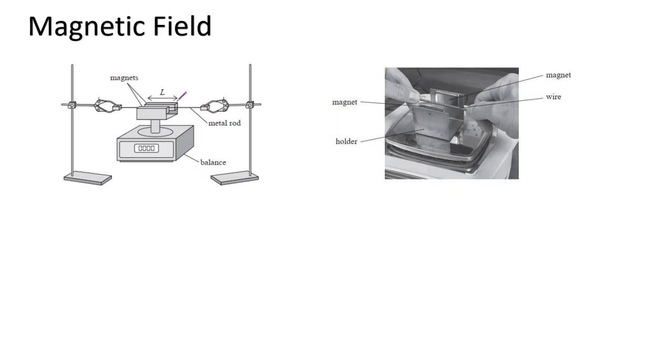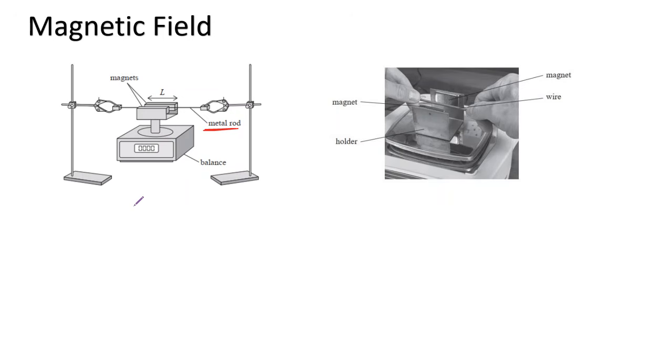We have a metal rod suspended between two poles of a magnet, which is placed on an electronic balance. A current passes through this wire, the metal rod, and the reading on the balance would change. In this context, you have to recall the concept of force on a straight current carrying conductor in a magnetic field.